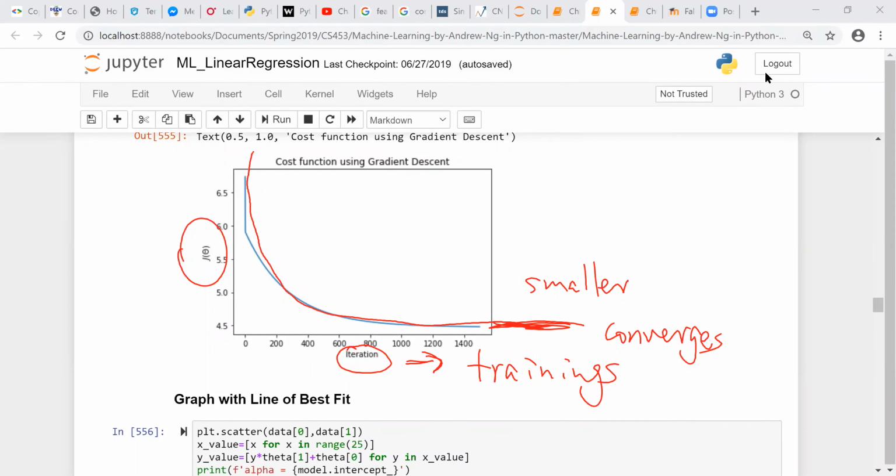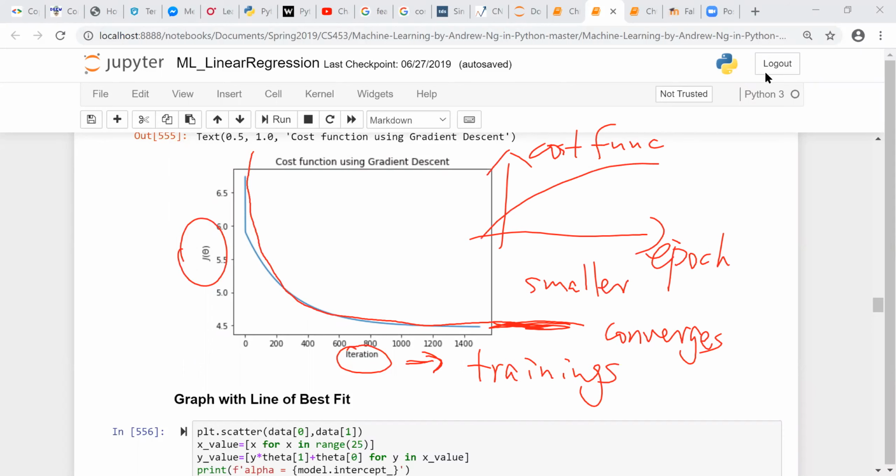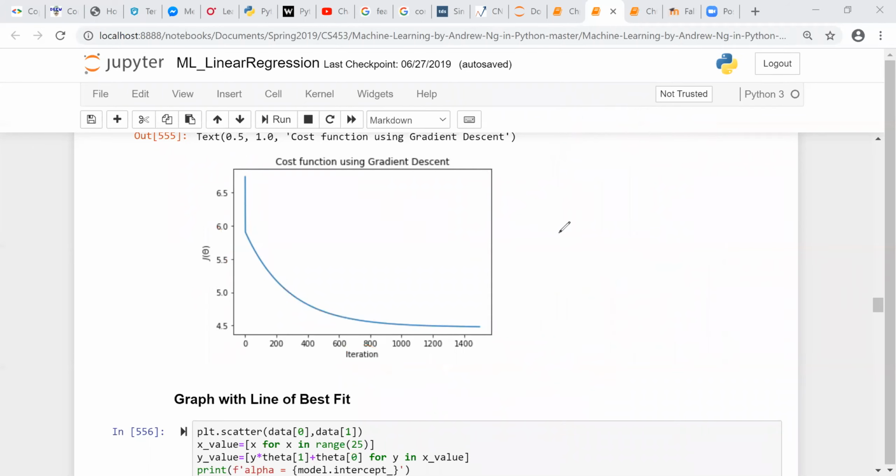This is the best scenario. That means your training is in pretty good shape. Versus, this is the epoch, and this is the cost function. If it looks like that, that's a bad model. Okay, so that's the concept.